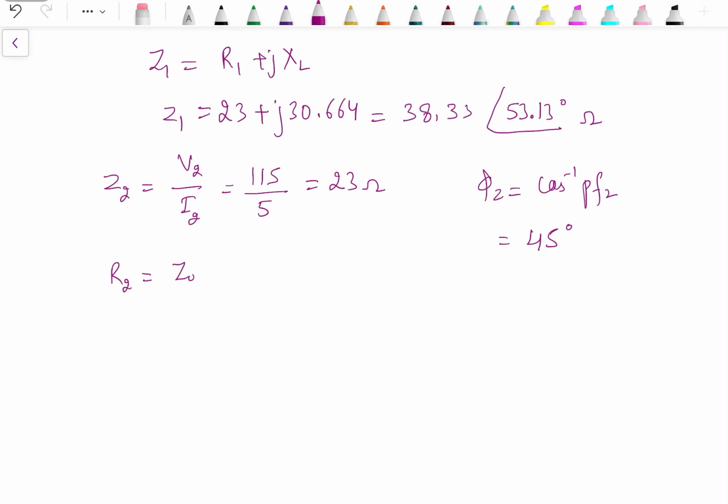R2 is Z2 into cos phi 2. So R2 is 23 into 0.707.